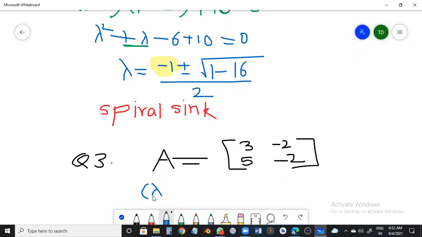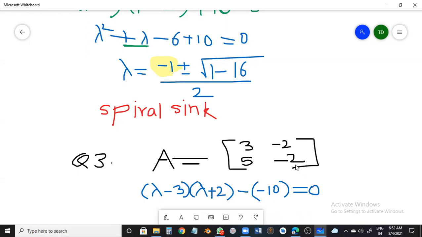Lambda minus the very first entry, that is 3, multiplied by lambda minus the second diagonal entry. So it gives you lambda minus minus 2, making it lambda plus 2. From that, you are subtracting the product of the off diagonal entries. So it becomes minus 10 and is equal to 0.